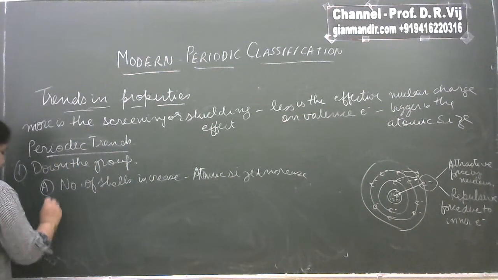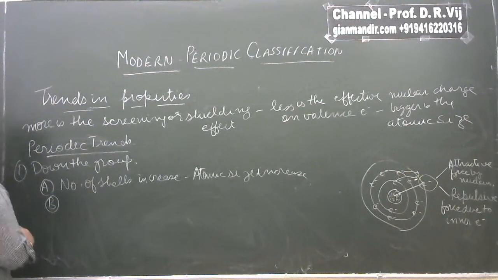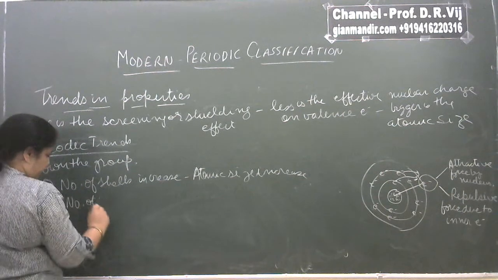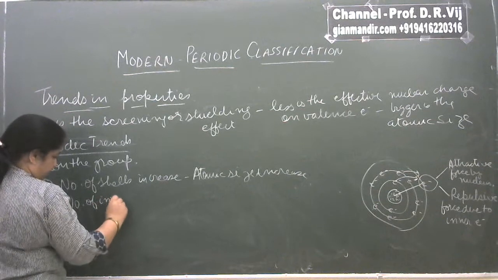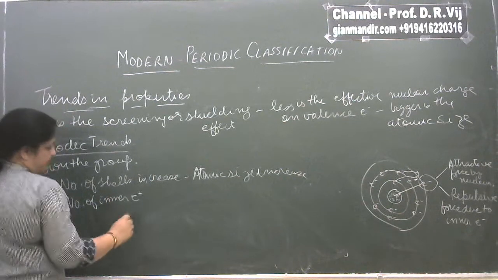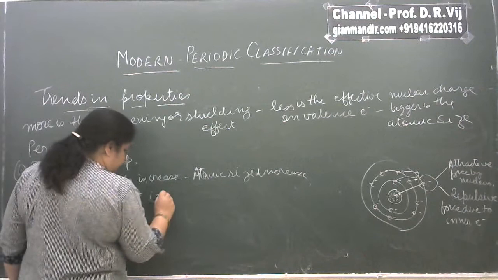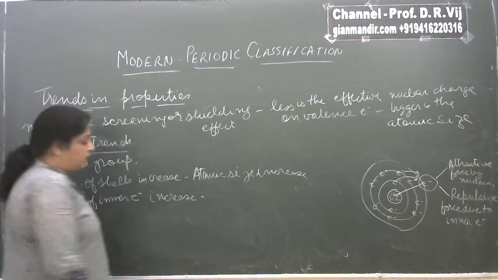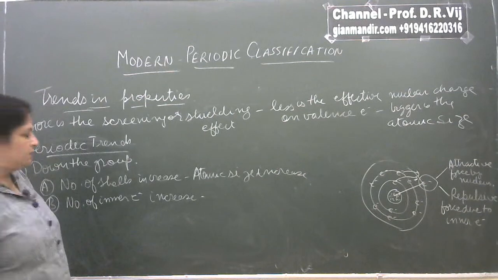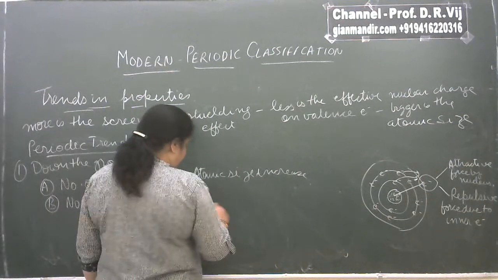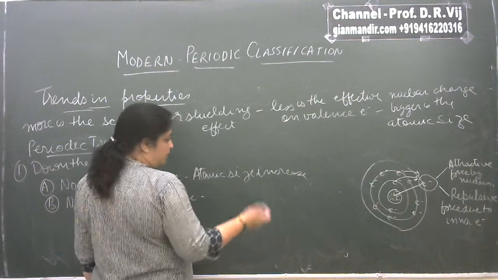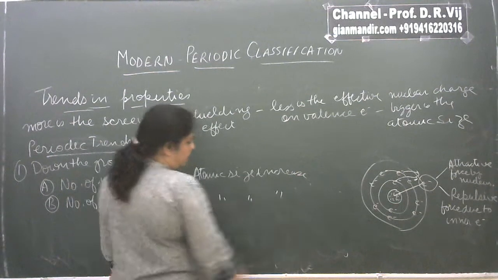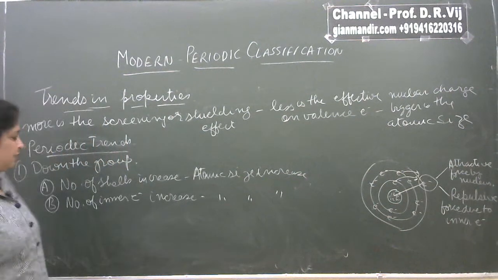Then another factor that works is the number of inner electrons also increase. And if number of inner electrons increase, then again what will happen? The screening or shielding effect will increase, and again we expect the atomic size to increase.